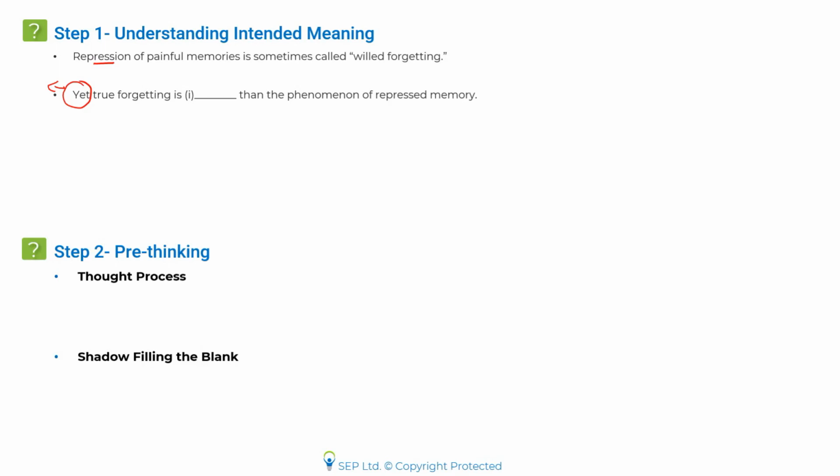So the author here is trying to differentiate between willed forgetting, which is basically repression, and true forgetting, which is something different, probably from this, right? So true forgetting is different from the phenomena of repressed memory.